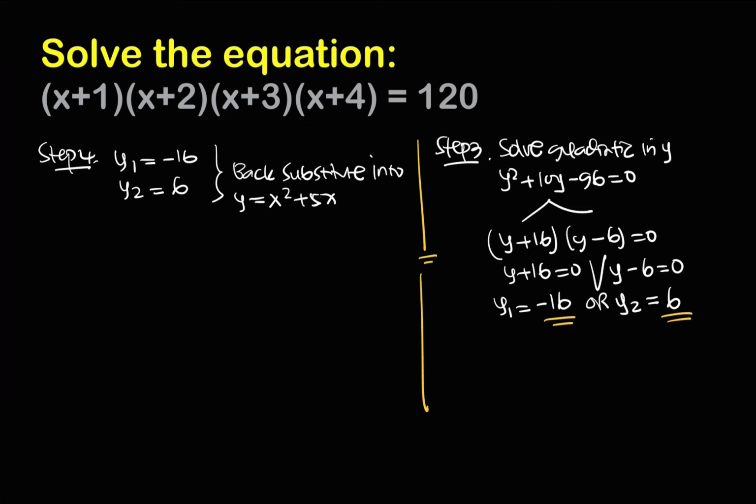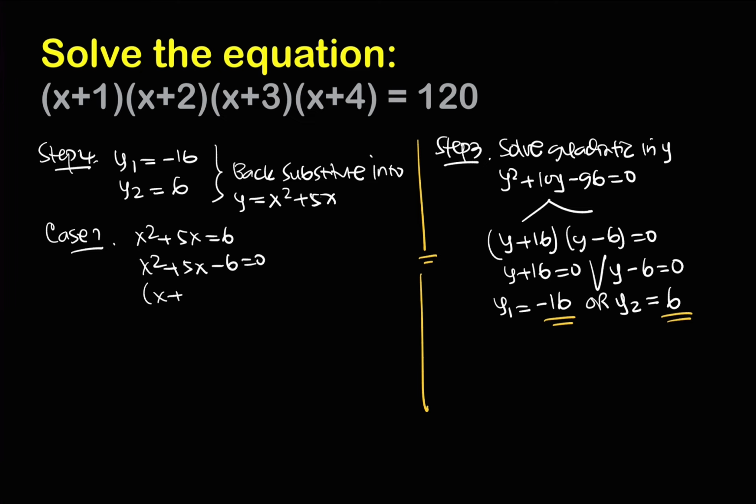So the first one is case 1, that x squared plus 5x equals 6. So we are using that. Now x squared plus 5x minus 6 equals 0.